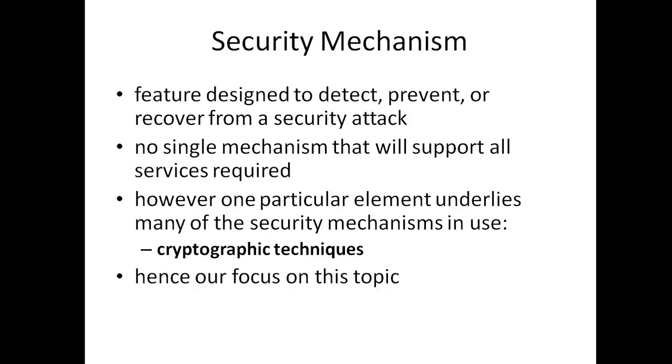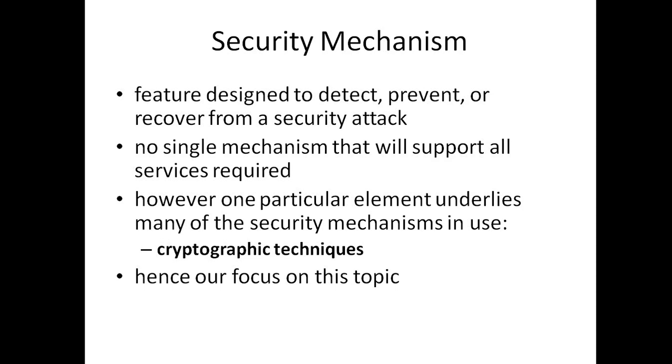Next thing is we have security mechanisms. Again, it is used to detect or prevent or recover from specific security attacks. And we don't have any single mechanism to protect against all kinds of security attacks. We have different mechanisms for preventing or detecting different kinds of attacks.